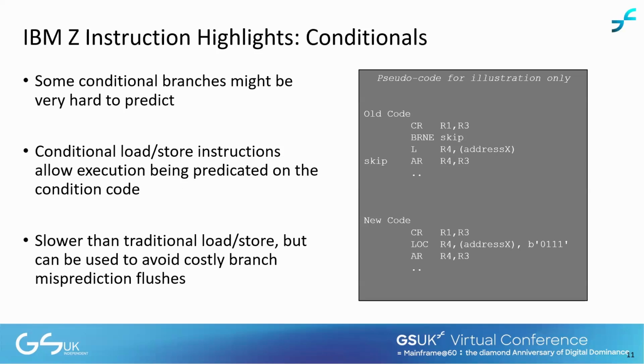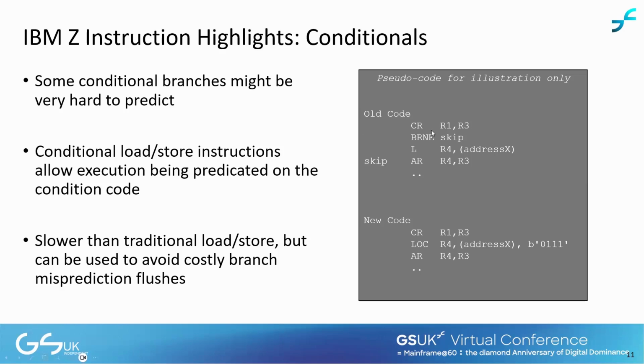If you run profiling and you find that certain branches you keep stubbing your toe on because for whatever reason they're just nightmarish to reliably predict, like you see them go one direction one time and a different direction some other time, and it's not clear what the conditional differences are between going one way one time and another way, well, you can replace those difficult branches with a load on condition.